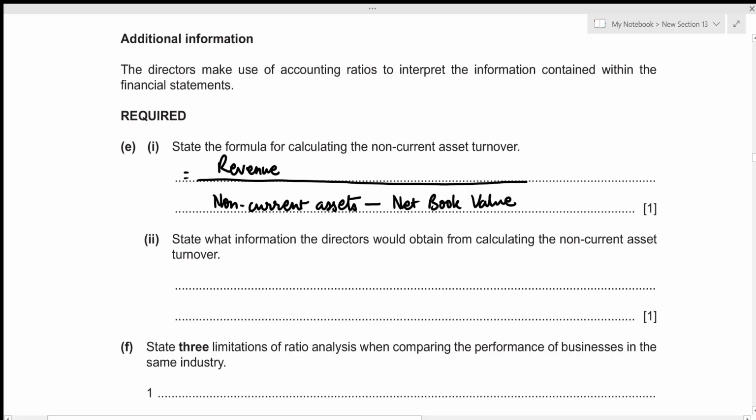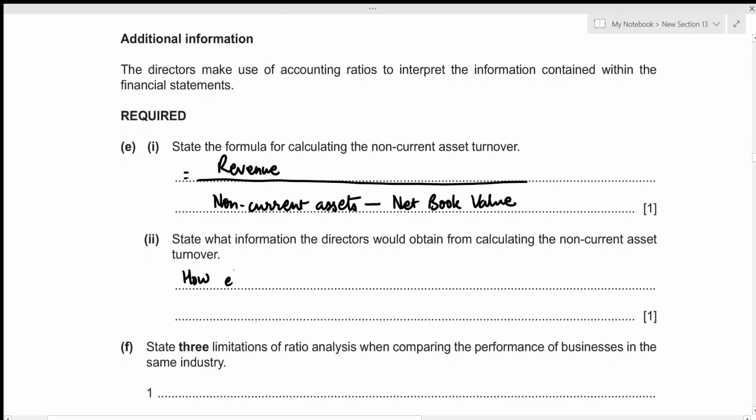Then for the second part, we need to state what information the directors would obtain from calculating the non-current asset turnover. So non-current assets turnover essentially provides the information regarding how efficiently the business is utilizing the non-current assets in order to generate the revenue. Let's write that down.